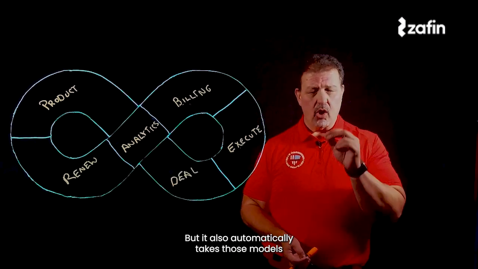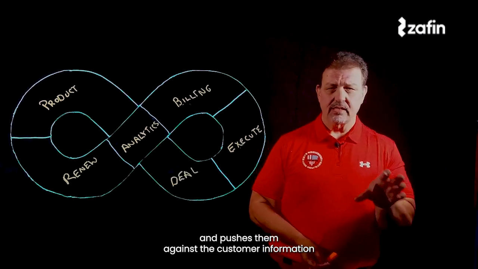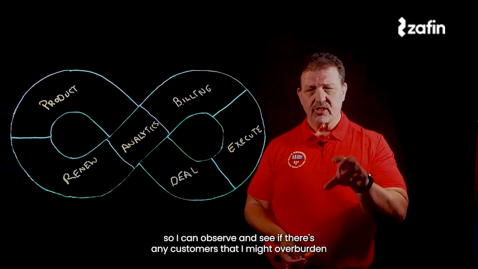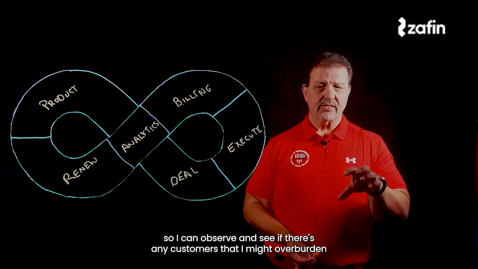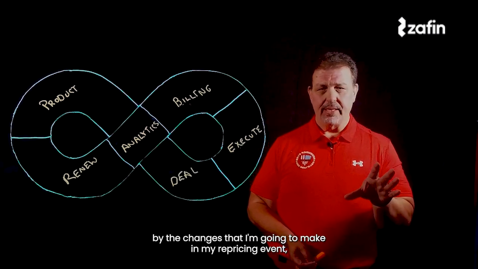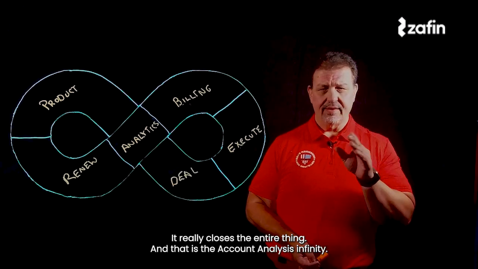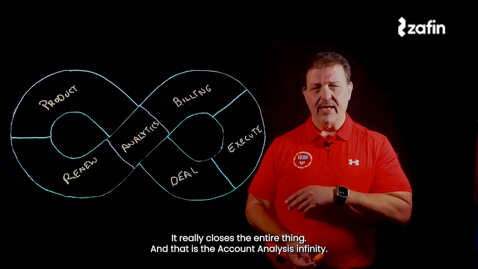But it also automatically takes those models and pushes them against the customer information so I can observe and see if there's any customers that I might overburden by the changes that I'm going to make in my repricing event. It really closes the entire thing, and that is the account analysis infinity.